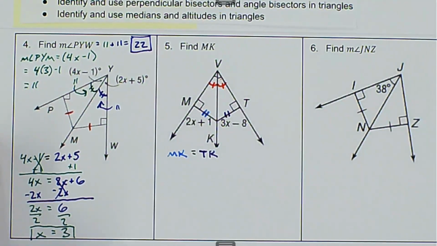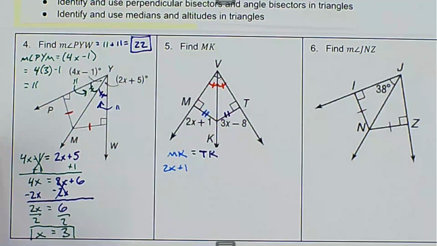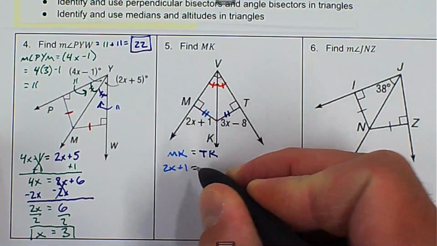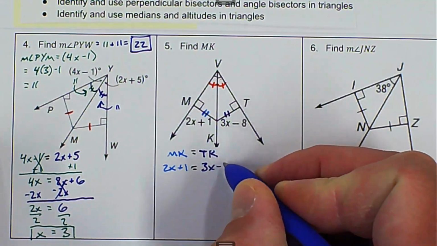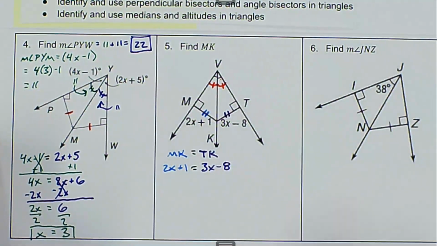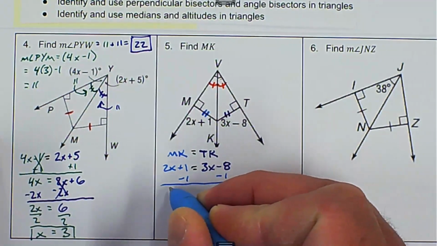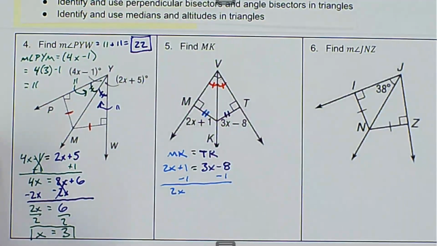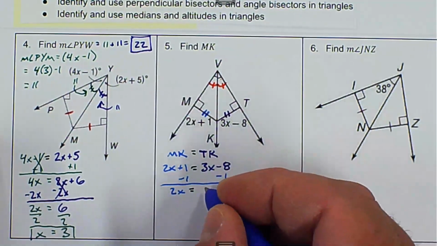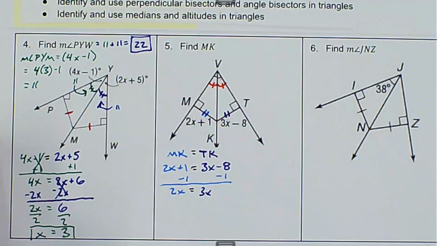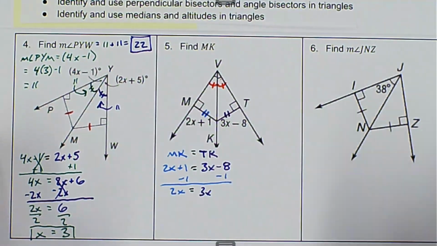And we can substitute our values in. So we get 2x plus 1 is equal to 3x minus 8. So then we are going to subtract 1, and we get 2x is equal to 3x minus 9.